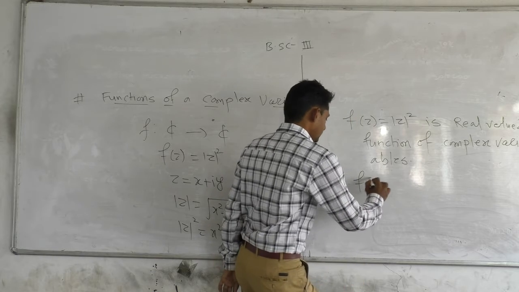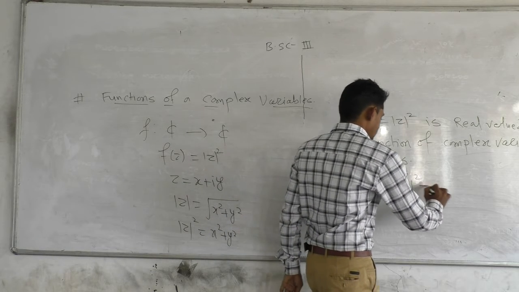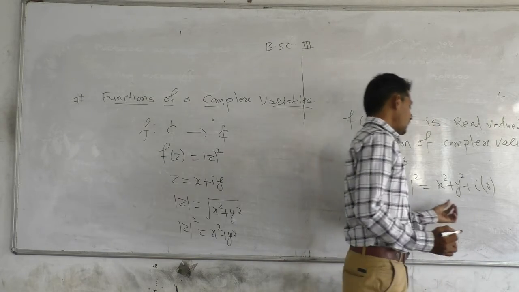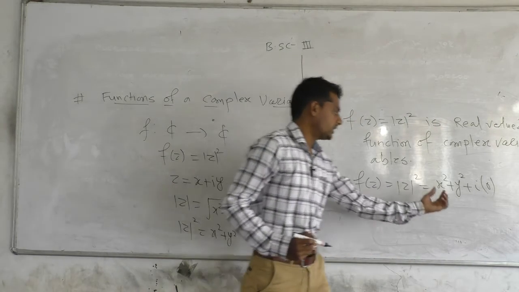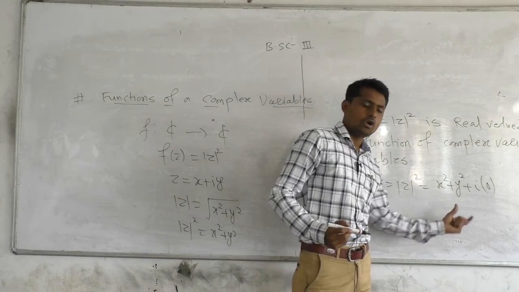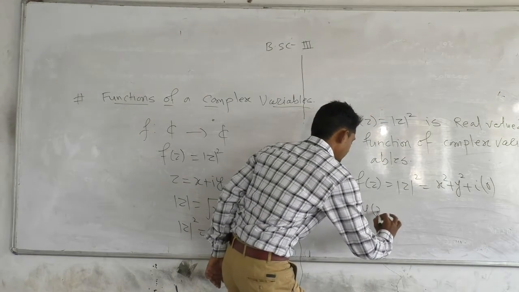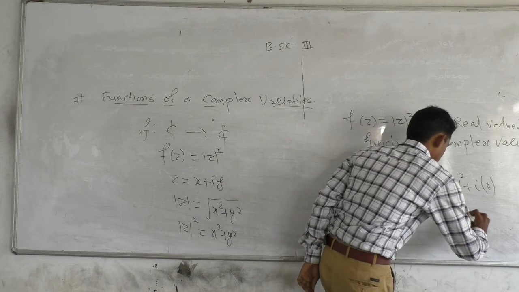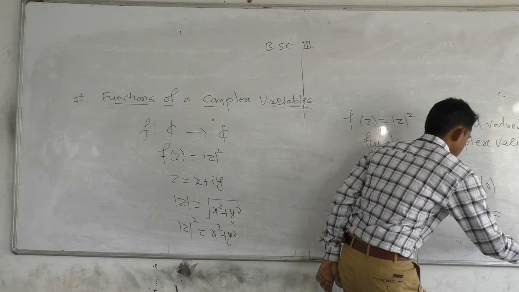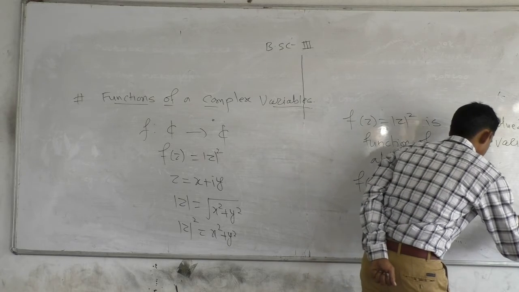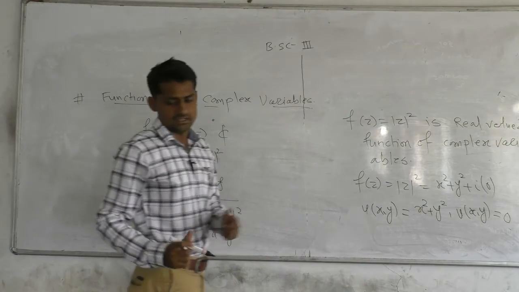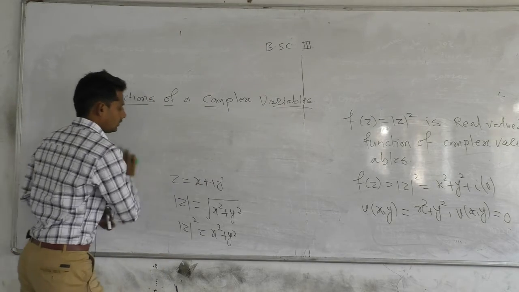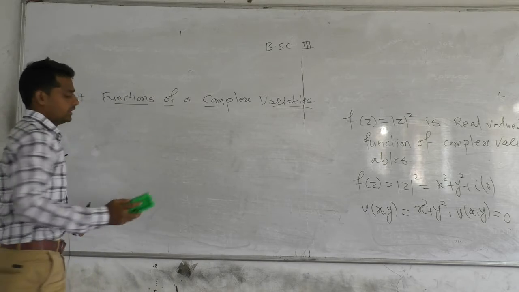So this function can be written as f of z = mod z squared = x squared plus y squared plus i times 0. This is a real valued function, but we can write it in the form of a function of a complex variable. So u of x,y, the real part of this function, is x squared plus y squared, and v of x,y, the imaginary part, is 0. So these are the ways to denote a function of complex variables.